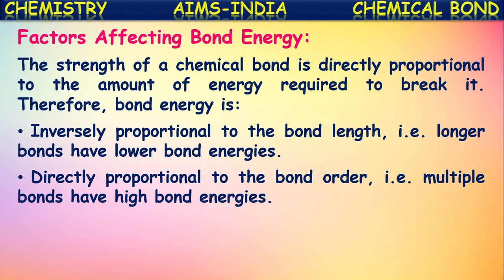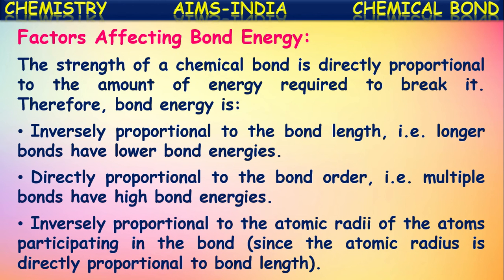If two atoms have a single bond between them, the breakage of the single bond requires less energy when compared to the breakage of a double bond or a triple bond. So bond energy is directly proportional to bond order. As the number of bonds increases between two atoms, the energy required to break those bonds also increases.